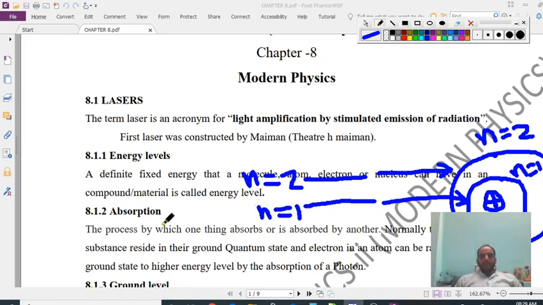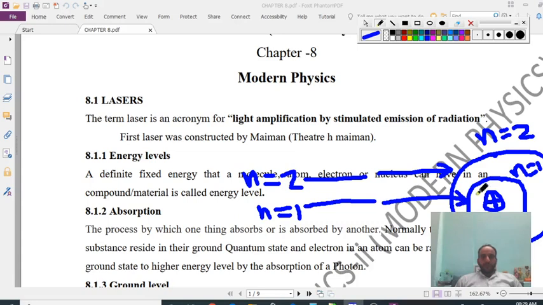Next is absorption, the process by which one thing absorbs or is absorbed by another. Normally the atom or any substance resides in its ground quantum state, and an electron in an atom can be raised from its ground state to a higher energy level by the absorption of a photon.